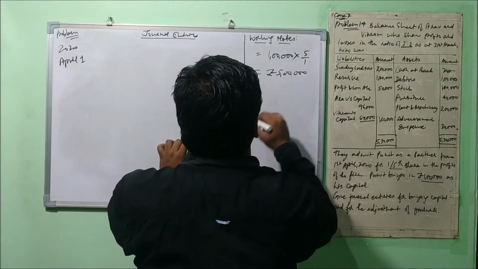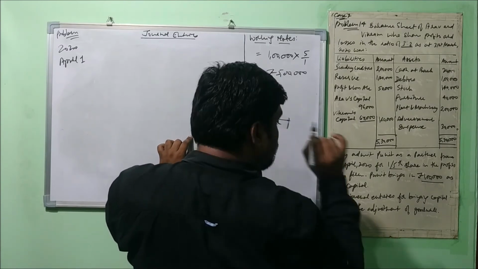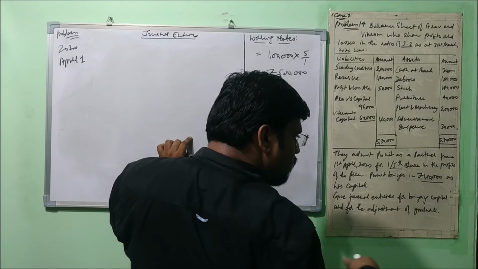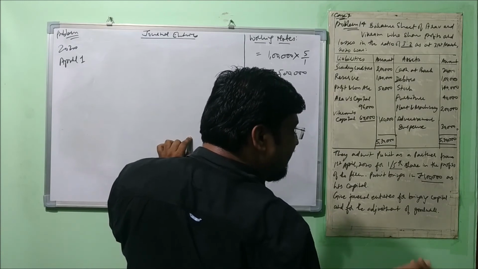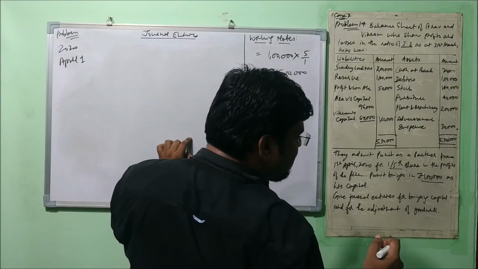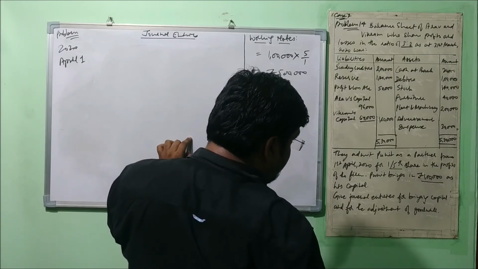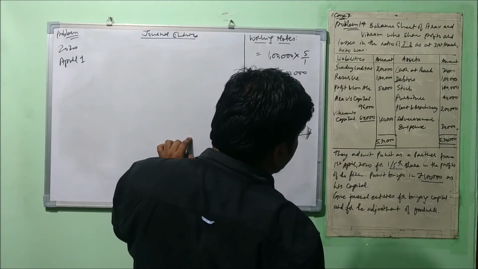Now we will go to step number 2. In step number 2, we will calculate the net worth excluding goodwill. There are two formulas. One, sundry assets minus outside liabilities, and another formula. All the values are given here, so the second formula will be applied.